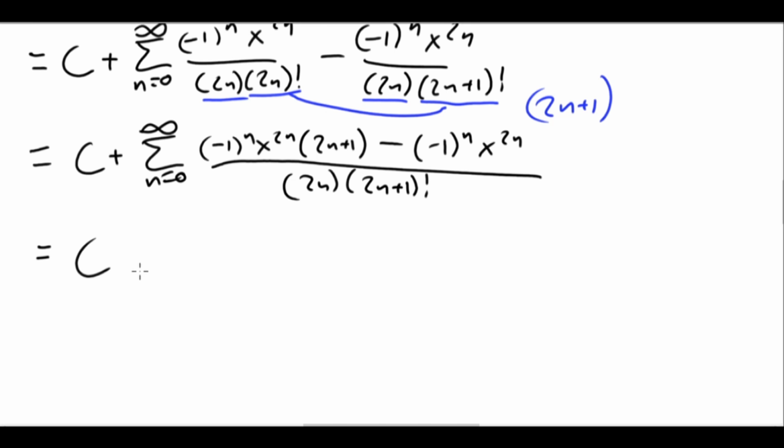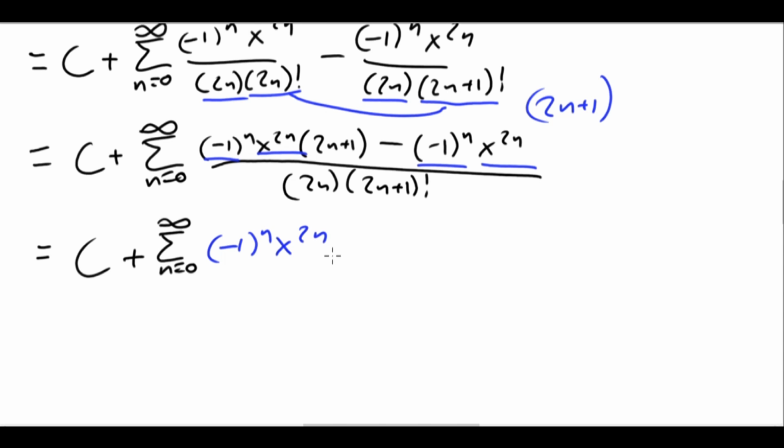So again, we have c plus the sum from n equals 0 to infinity. And now we're going to notice we have negative 1 to the n here, negative 1 to the n here, x to the 2n here, x to the 2n here, which means we can factor out both of these terms. So I'm going to take both of those and put them in the front.